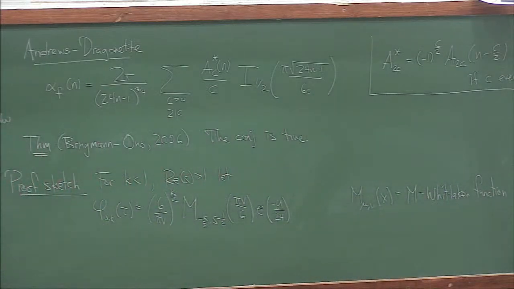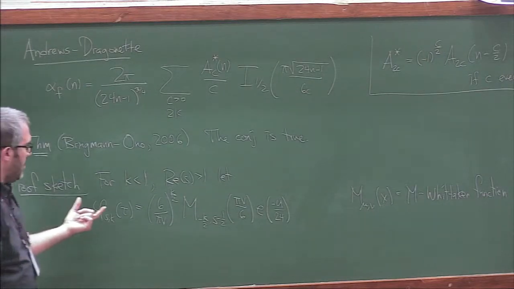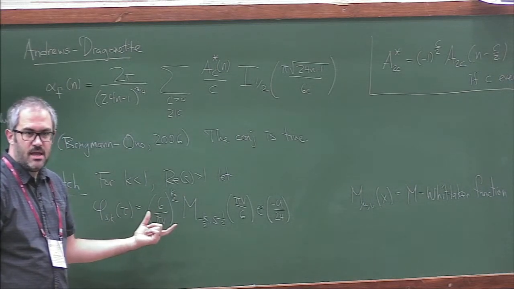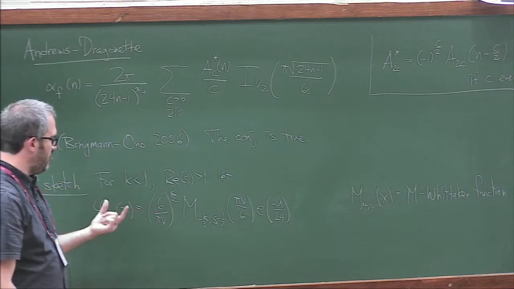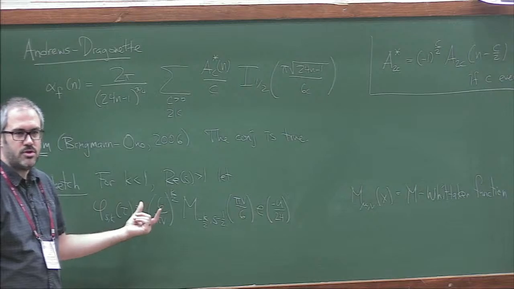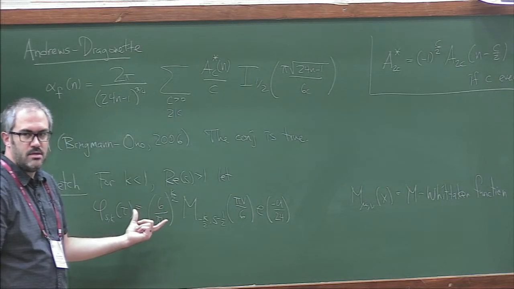It's a special function. It satisfies a differential equation involving the hyperbolic Laplacian. It is not annihilated by the hyperbolic Laplacian, but the eigenvalue that comes back involves s and k. If you plug s equals k over 2 or 1 minus k over 2 in, you get 0.